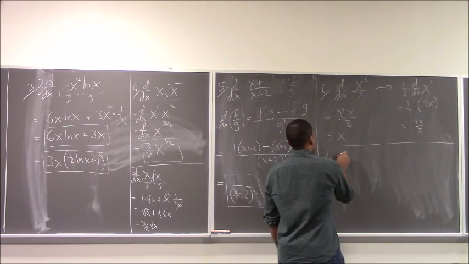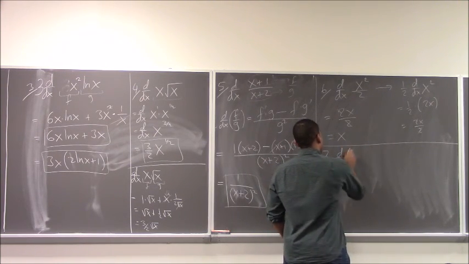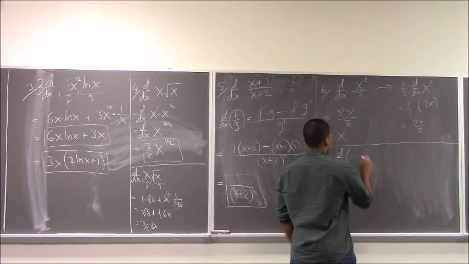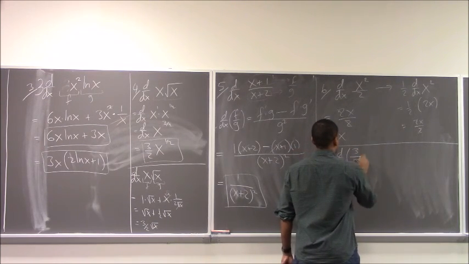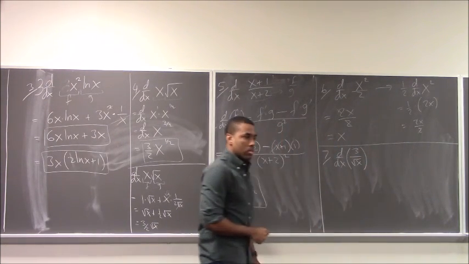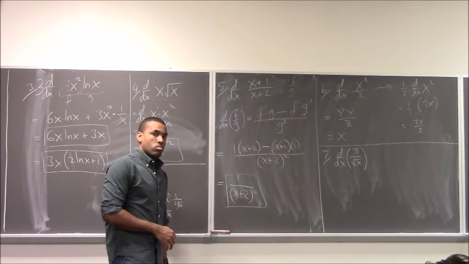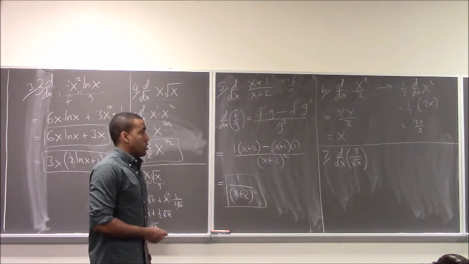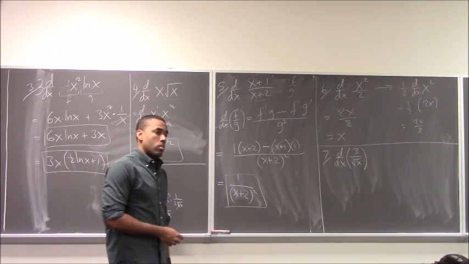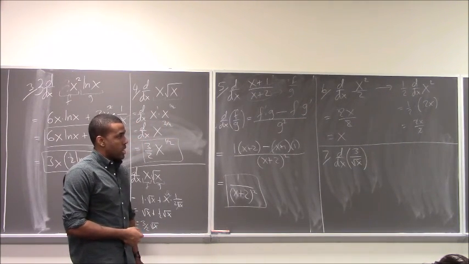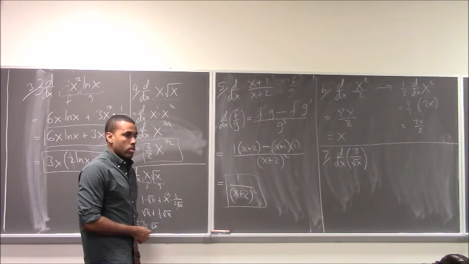What about 7? The derivative of that. We pull the 3 up front, and then what? Then we'd have 1 over radical x. How do we deal with that?